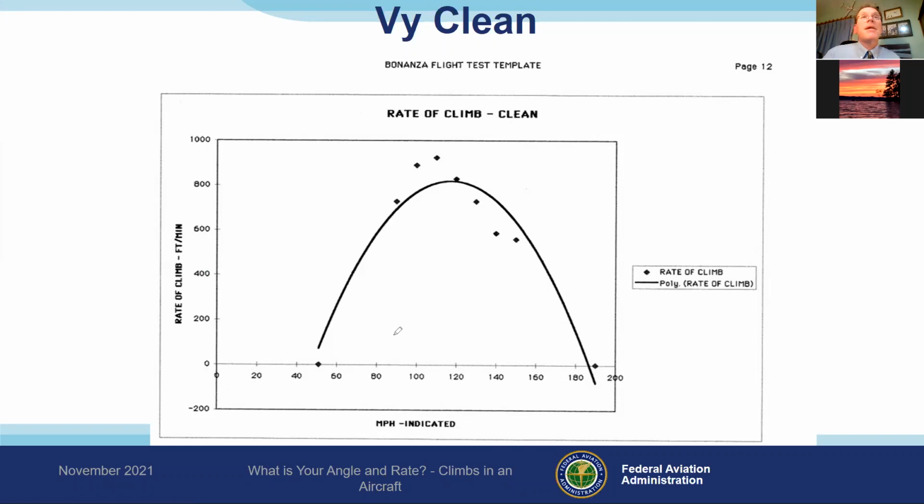And you can start to plot this out, and you can start to figure out at given altitude, given weight, given conditions, what your rate of climb is, and VY will be at the maximum point of this. And VX, when you do this, ends up being the tangent from the zero plot.